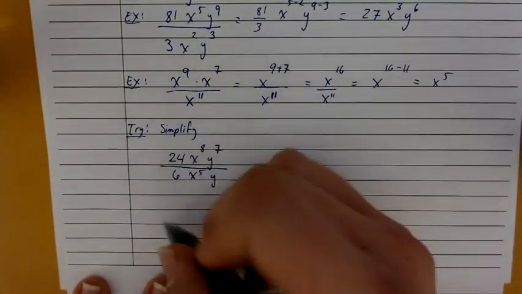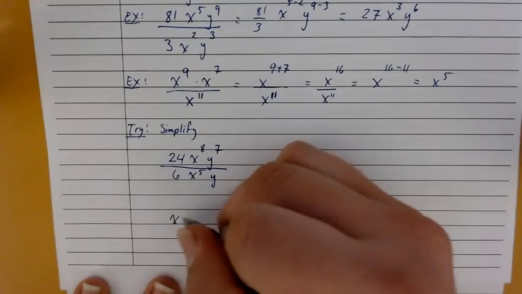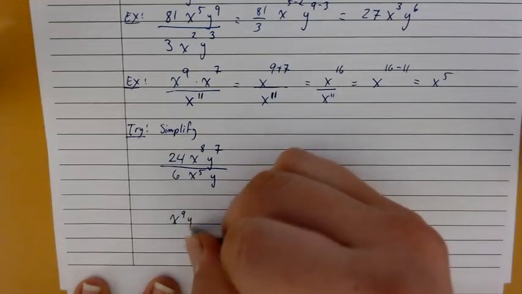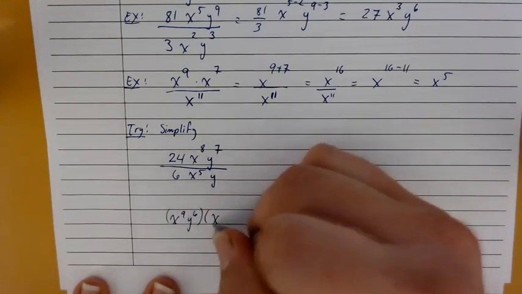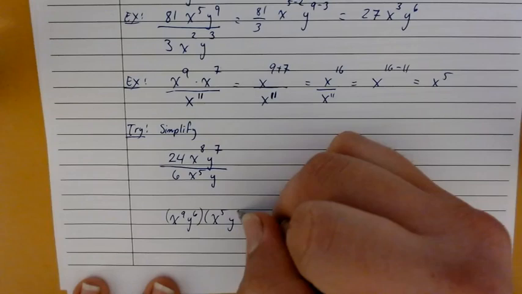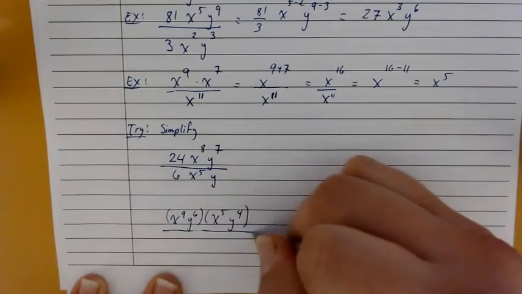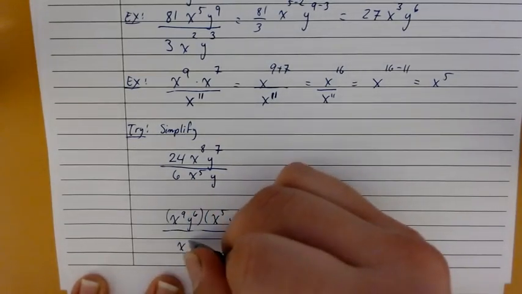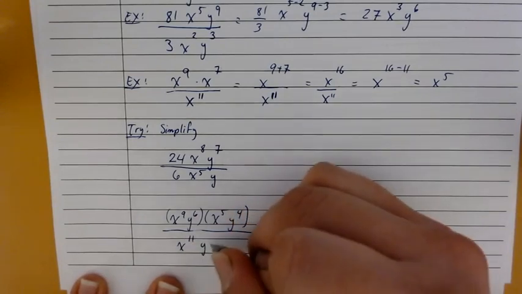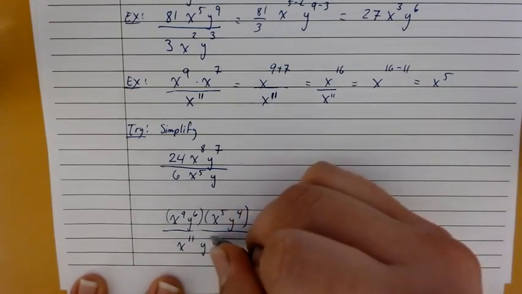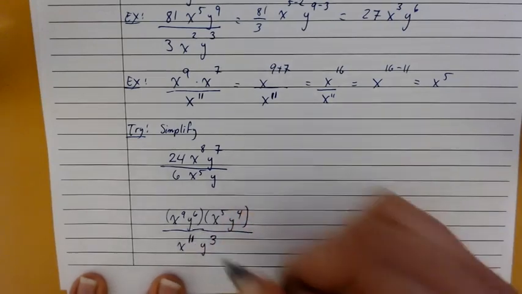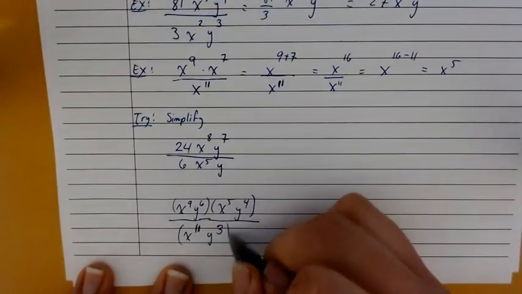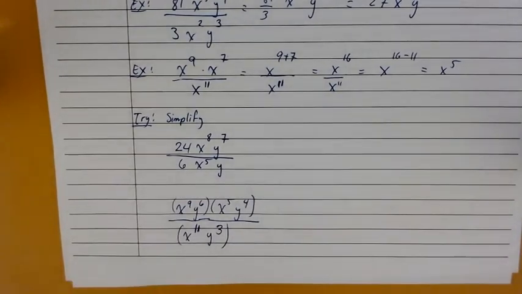And you're going to simplify x to the power 9, y to the power 6, times x to the power 5, y to the power 4, over x to the power 11, y to the power 3. All right, so go ahead and give this a try. Go ahead and pause the video, and once you are done, go ahead and unpause, and we'll confirm these together.